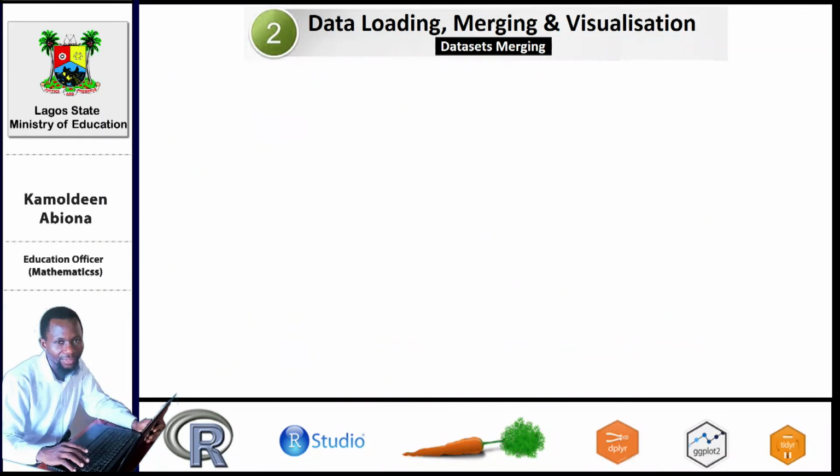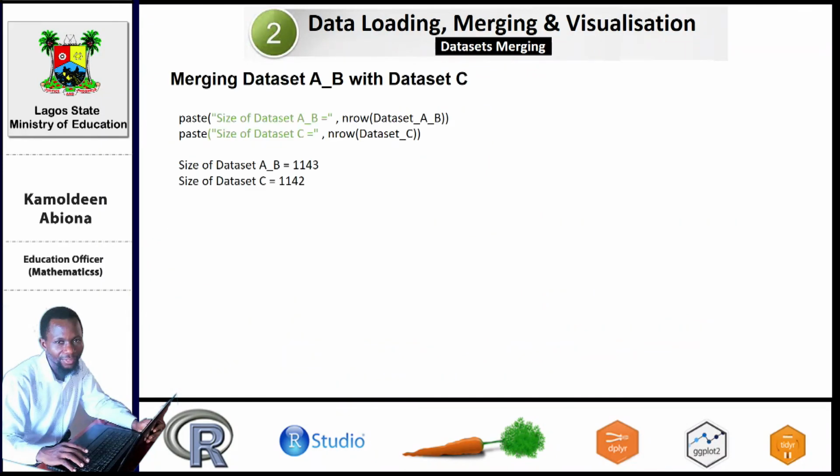To merge dataset C to it, since the last variable name is dataset AB, we also need to confirm the number of our records. That's why we have the paste size of dataset B equal to the number of rows of dataset A and AB, and that is what it returns, 1,143.